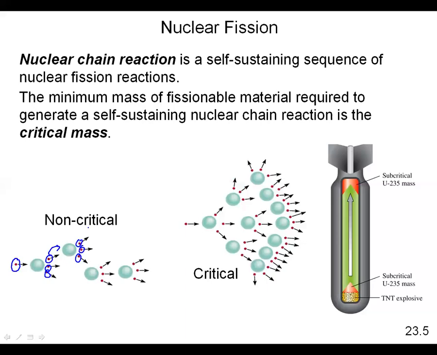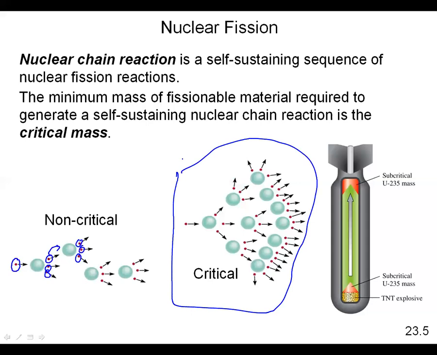If you do hit that critical mass, which is what we see over here in this picture, the reaction is going to really sustain itself and continue to grow exponentially. Every time that fission reaction occurs, in addition to those neutrons being produced, you're producing a tremendous amount of energy.